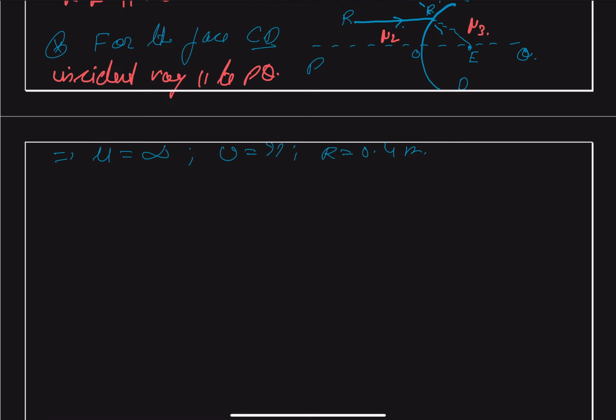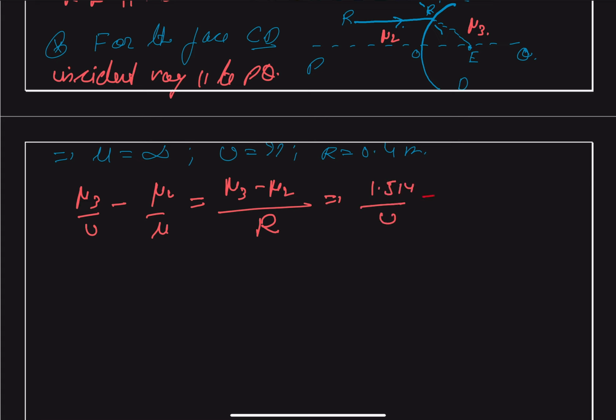So I have here that the image is at mu3 upon v minus mu2 upon u is equal to mu3 minus mu2 upon R. Mu3 is 1.514, so 1.514 divided by v, minus mu2, which we already know but is not required because u is infinity.